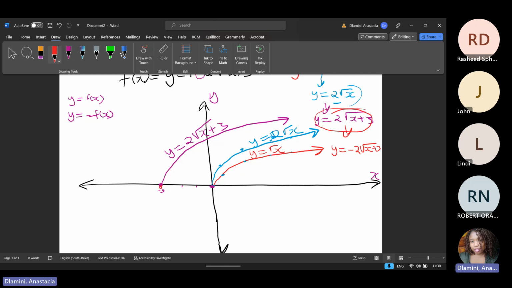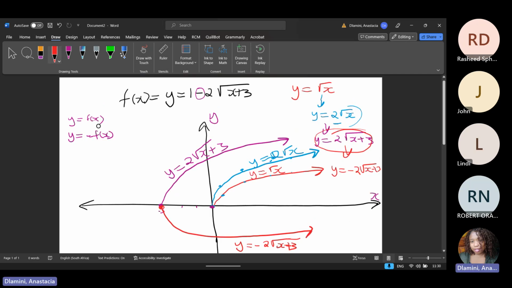So it will be something like this. The red graph is actually the reflection of the purple graph in the x-axis. So this will be y = minus 2 square root of x + 3.